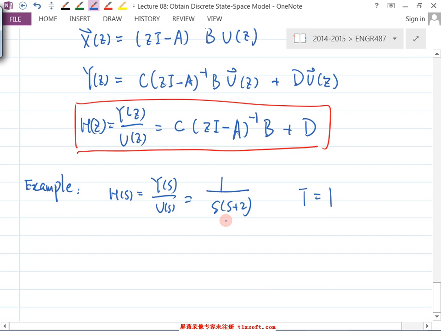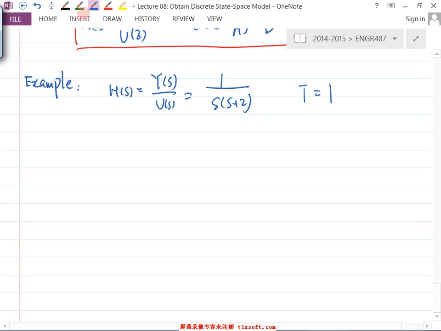So what is the continuous state space model for this guy? That's a different story, basically, as to obtain the continuous state space model. Now, here's what I generally would recommend you to do. Here's y of s, u of s. Let's put this back into the differential equation. Basically, y of s times this whole chunk equal to u of s, right? And the bottom here is s squared plus 2s.